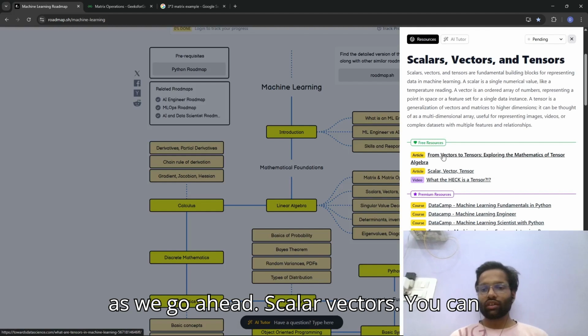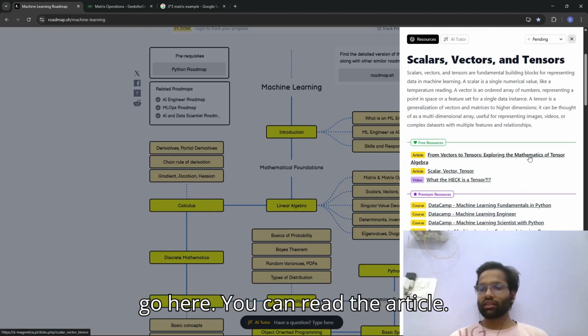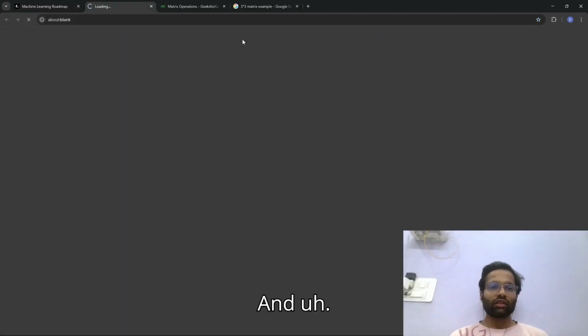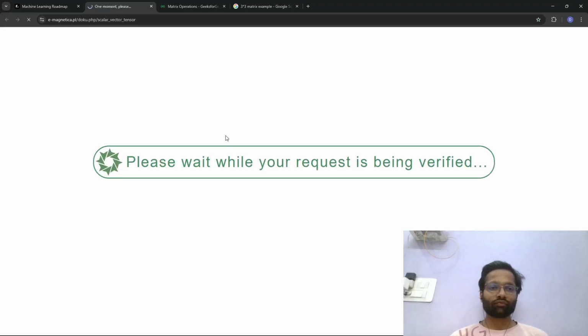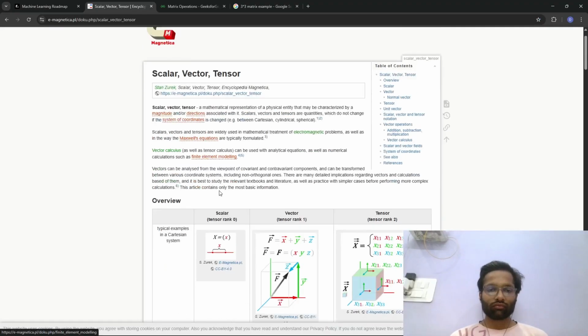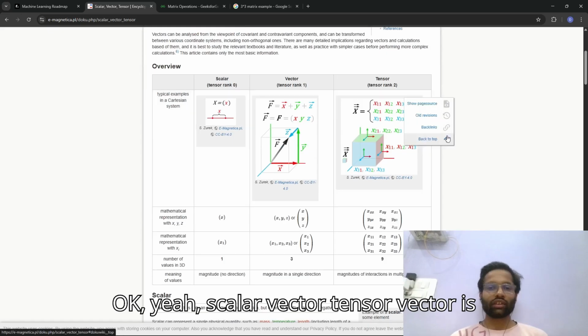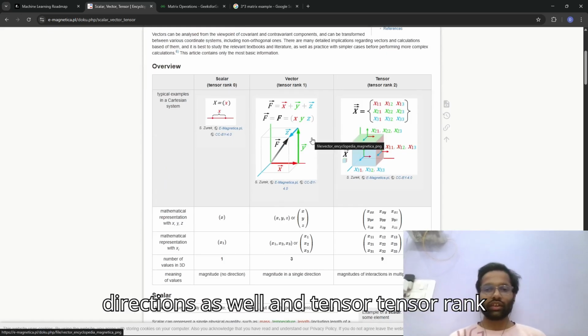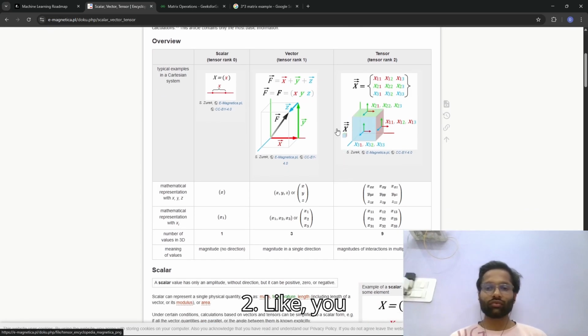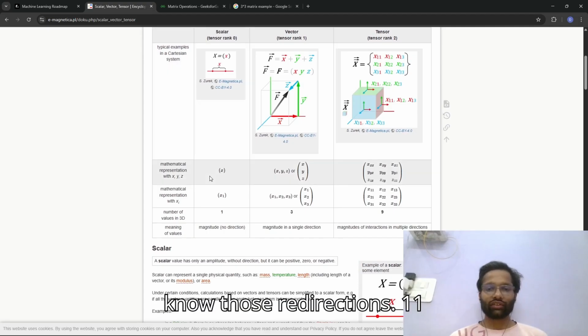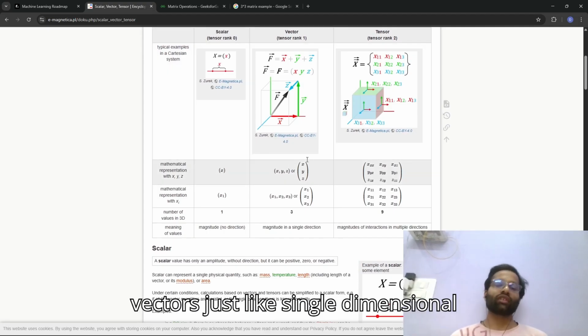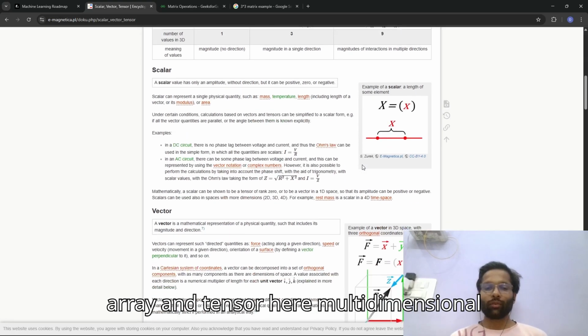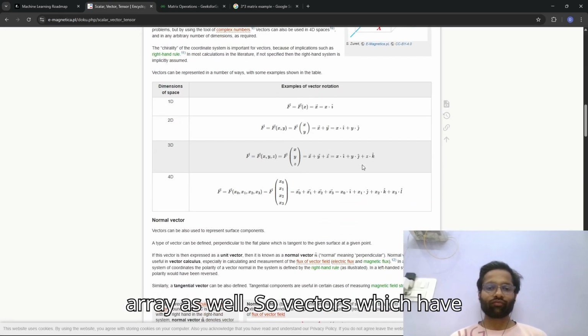Scalar, vectors. You can go here and read the article. Okay, scalar, vector, tensor. A vector is basically a field that has direction as well. And a tensor of rank 2 has those three directions. A scalar is like a single-dimensional array, and a tensor is a multi-dimensional array as well.